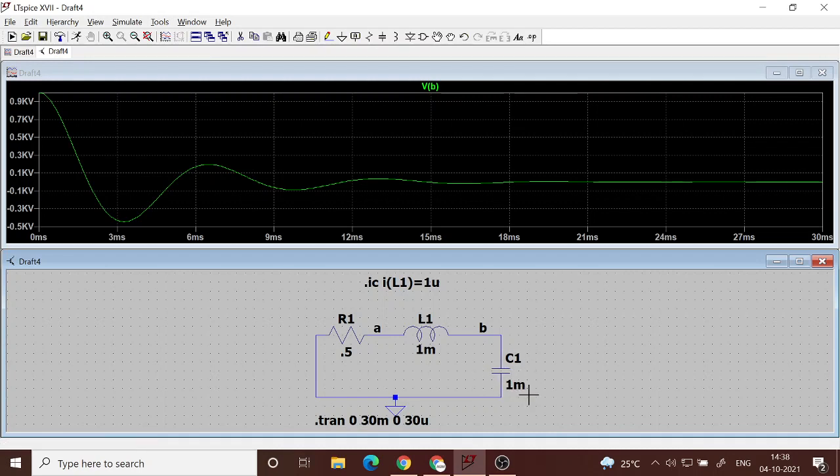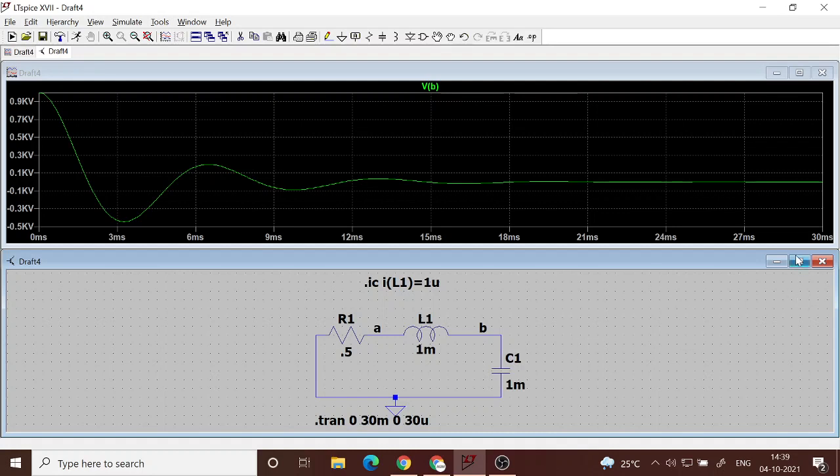This is the kind of capacitor that you see in a fan. If you have a ceiling fan, then you must have seen on the top of the motor there is a capacitor, which is of the order of 1 millifarad, or 1000 microfarad we call it.